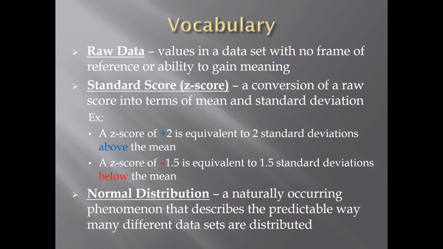All right, z-scores are used to standardize your scores, so that if I just tell you, hey, I got an 82 on a test, you might go, oh, good, that's 82%. Well, what if I got 82 correct out of 82? Now I have a frame of reference. 82 out of 82 is 100%, not 82%. Or what if I got a 95 on the test?